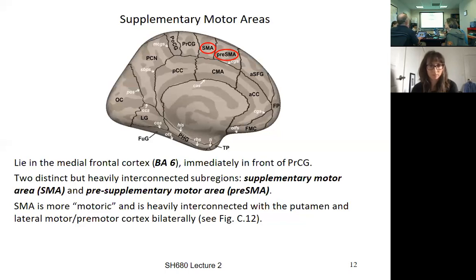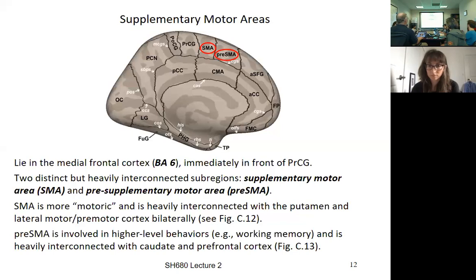And so basically, we'll take the view in this class that SMA, through interactions with the basal ganglia, is more or less responsible for initiating a motor program, for turning on the motor program, but not for all the little details in the motor program itself. That's going to be the lateral cortex that carries out that. Pre-SMA is more heavily interconnected with prefrontal cortex areas.